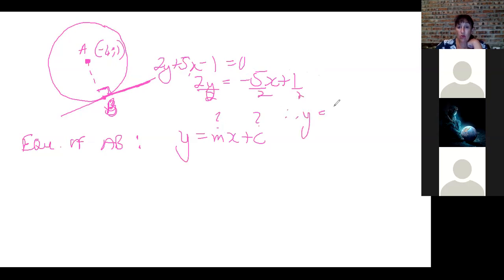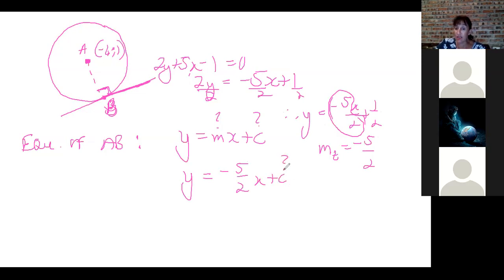So y = -5x/2 + 1/2. That means the gradient of the tangent is -5/2. Whatever is joined to the x is m. So I now have the gradient of the tangent.